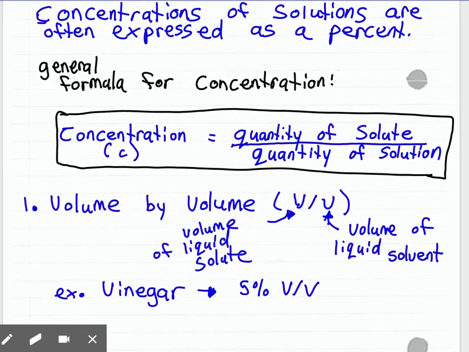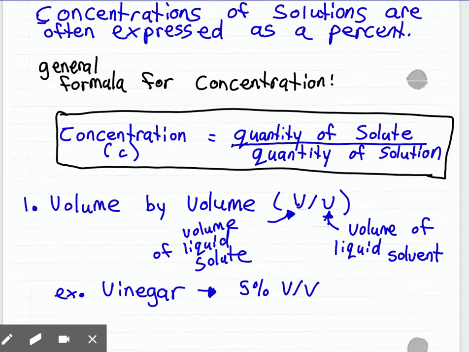Another example is that if you look at a bottle of vinegar that you have in your pantry, you're going to see somewhere that it probably says 5% volume by volume. What that's telling you is that in that giant jug of vinegar, 5% of it is pure acetic acid, and the other 95% of that bottle is just plain water.